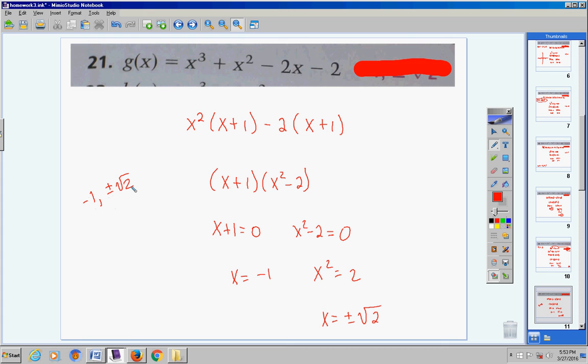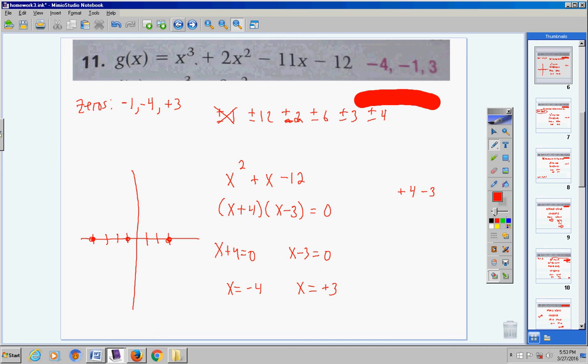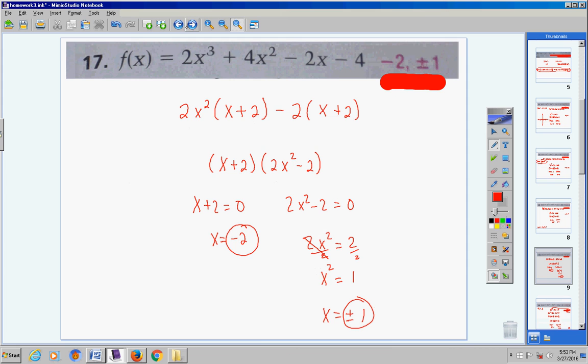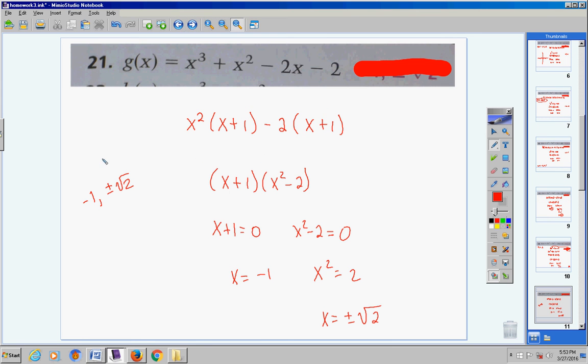Now, listen to me. In the last problems we did, 19, 17, 15, 13, 12, or 11, those problems there, they wanted only rational answers. So if I was doing a problem like I was in the last section, I would not include this answer.